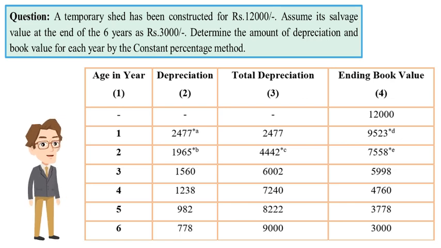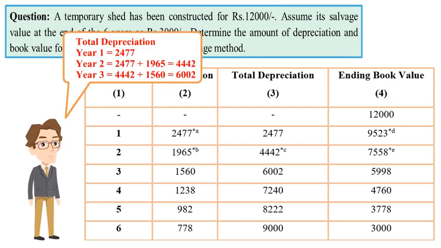The total depreciation column represents the cumulative depreciation up to the current year. It's the sum of the depreciation values for all previous years. For example, year 1 equals 2,477.